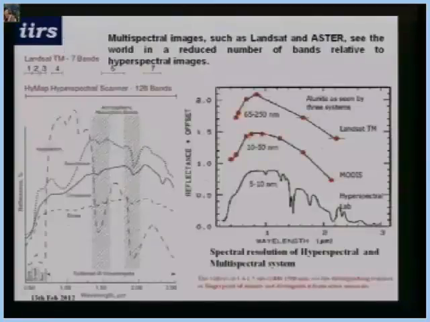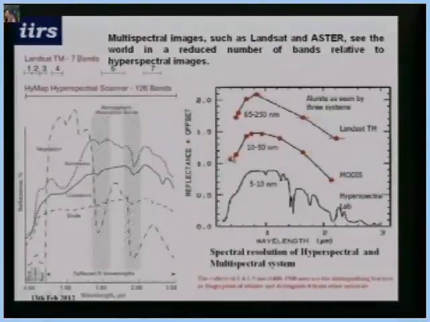We can have an example here. This is the spectral reflectance pattern for various land cover features on the earth, like vegetation, sandstone, and limestone. Now if we look at the same features with different types of remote sensing data, with a broadband, moderate spectral resolution, and with a hyperspectral resolution, or narrowband remote sensing, you can see that with Landsat, which is broadband remote sensing data, the spectral signature is not complete. It's a very brief sketch of the spectral profile.